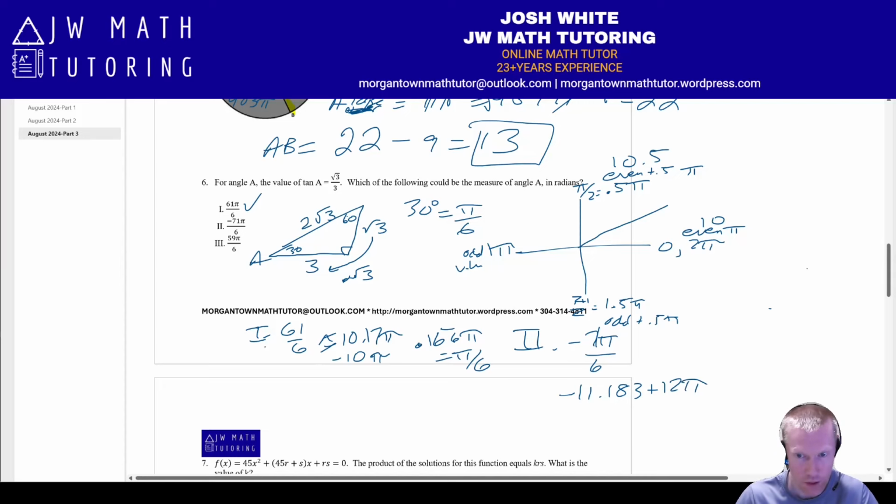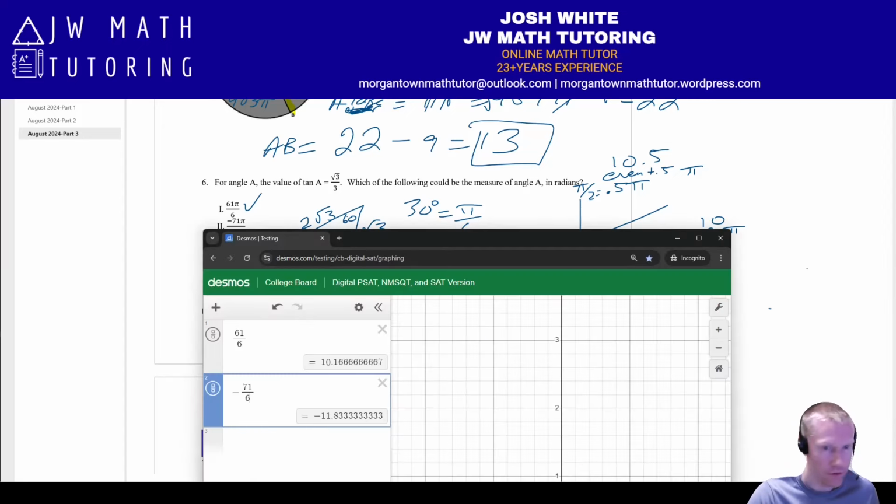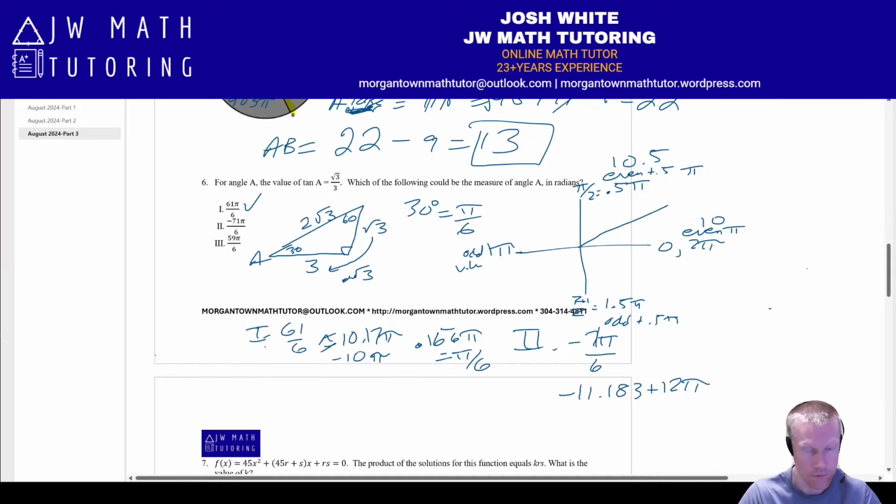In other words, go back to Desmos, take this value, add 12. We're just ignoring the pi. Notice it comes out to the same 0.1666666. So this angle right here is equivalent to pi over 6, which is what we're looking for, the 30-degree angle. So this one basically works as well.